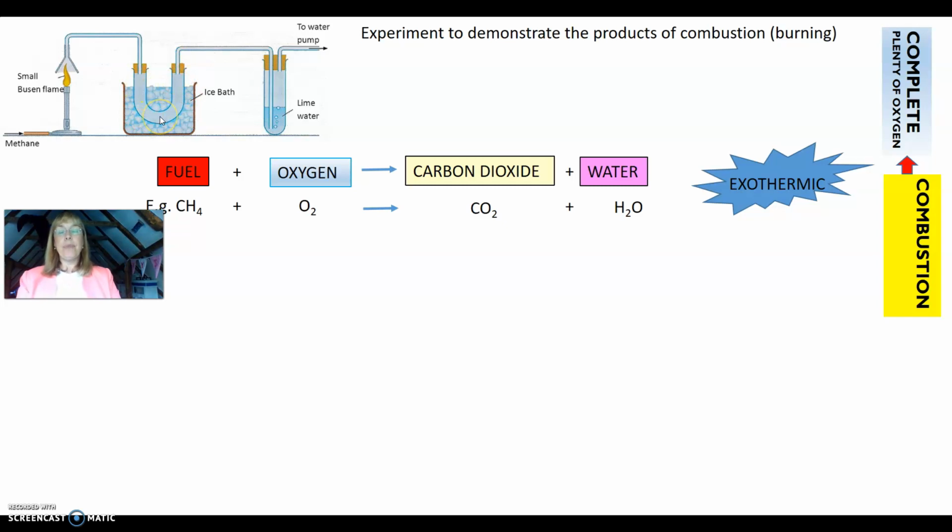And inside there, we put some cobalt chloride paper. And if it turns pink, we know that that is in fact water. And in the next tube, we put some lime water. So as the gas bubbles, if it turns cloudy, we know that the gas formed is indeed carbon dioxide.